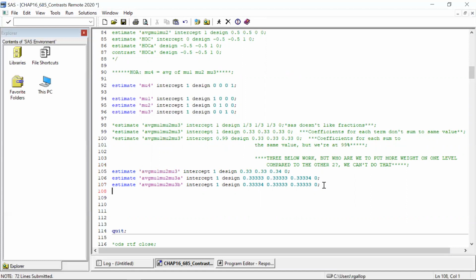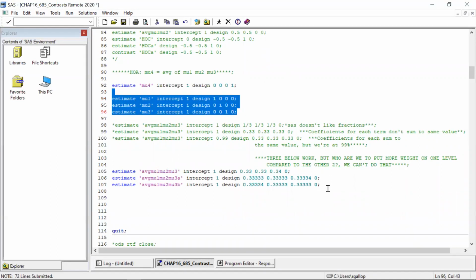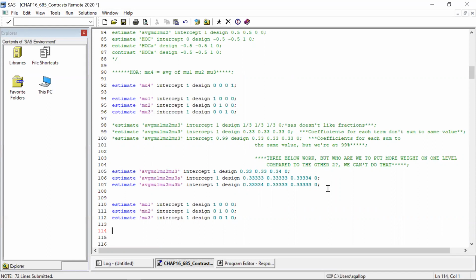So now, this is how we're going to do it. I'm going to copy these lines of code. So get the average of these three. I'm going to put this in caps on purpose. I'm going to add the 3 columns of the intercept, 3.